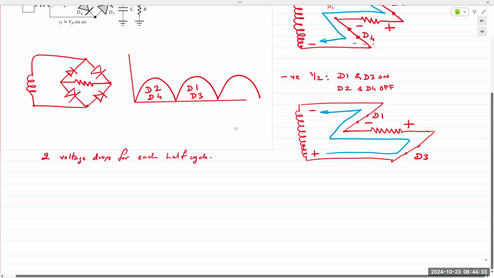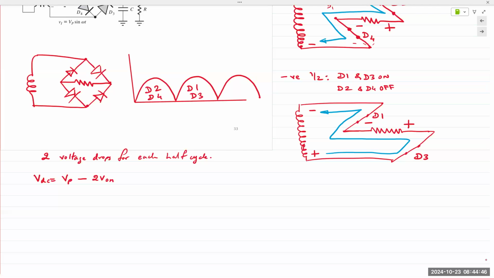So V out or VDC would be peak minus 2 times V on. So that is a downside, but that's easily fixed by just increasing the input. We just have a transformer that gives us a slightly bigger output.